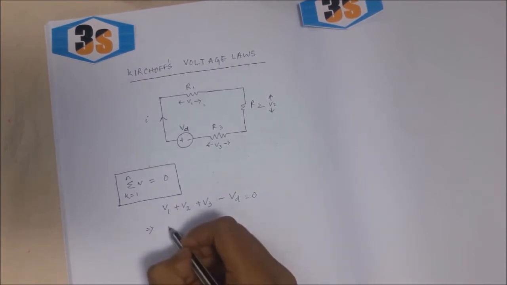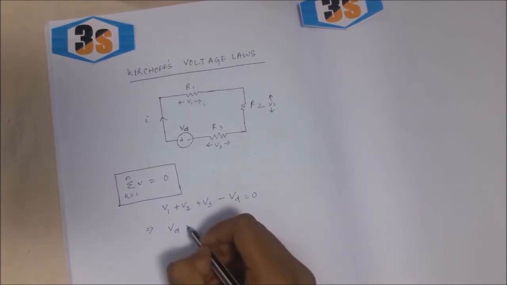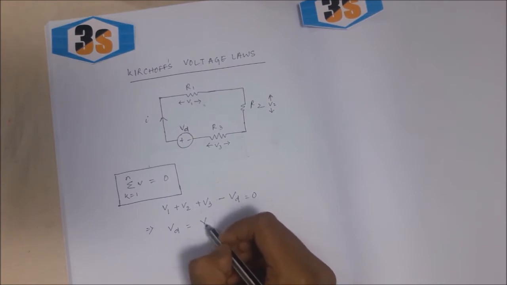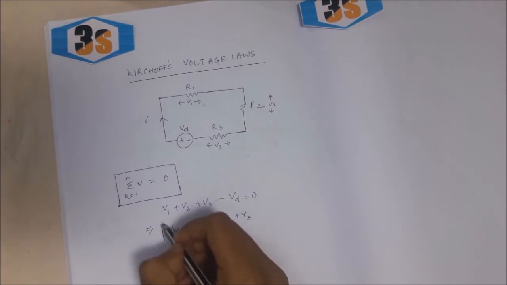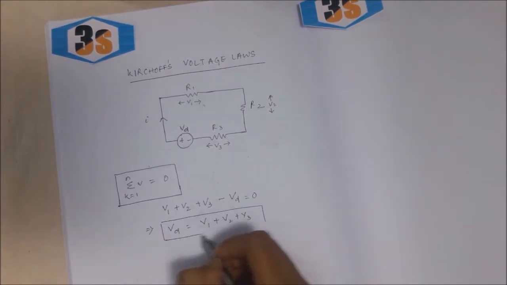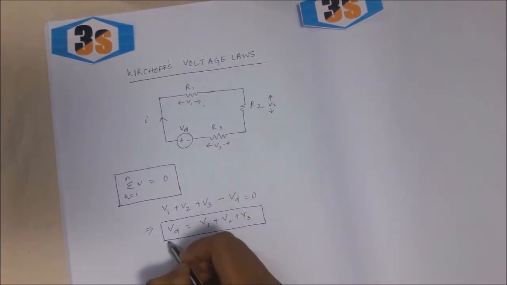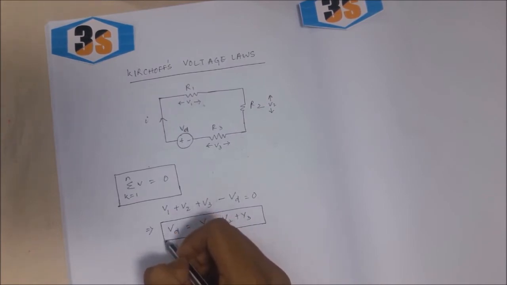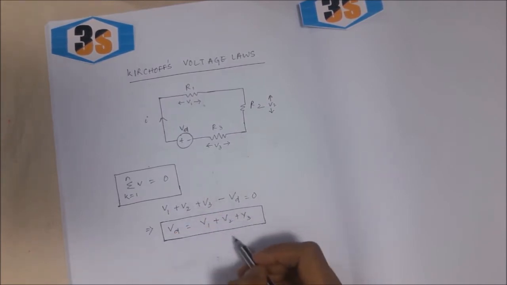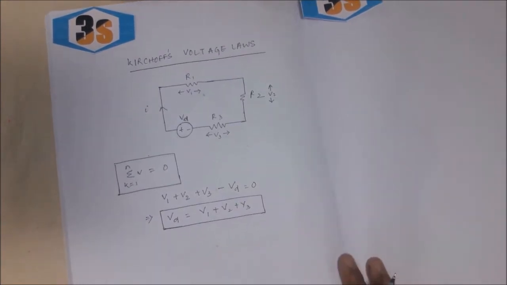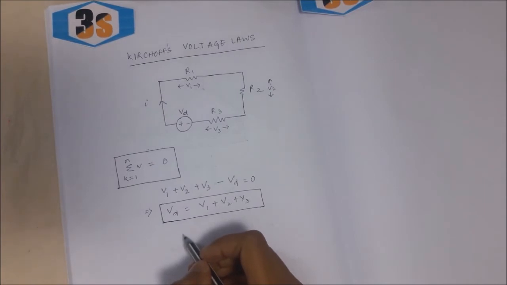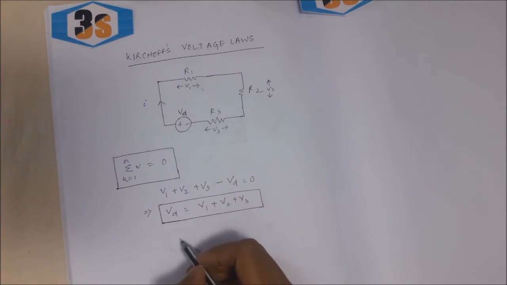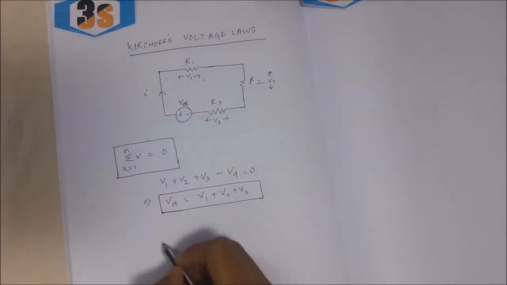We can say the supplied potential VD equals the absorbed potential V1 plus V2 plus V3. Kirchhoff's voltage law is very useful in calculating the voltages and currents in given loops or in any complicated circuits. Let us help you understand Kirchhoff's voltage law through a complicated circuit.